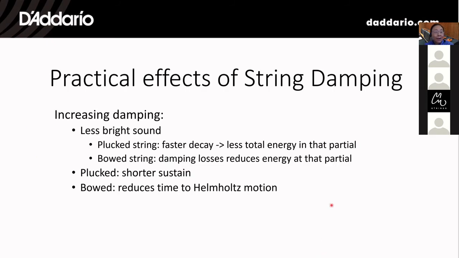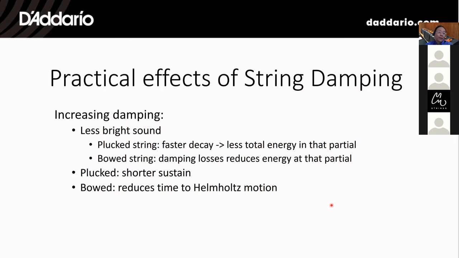So what are the practical effects of string damping? Increasing damping, you get a less bright sound, a duller sound, because for pluck strings, there's a faster decay of all of the partials, and so there's less total energy in that partial for the ear to perceive. And in the bowed string, the damping causes all the partials to lose energy, and so higher damped strings sound less bright.